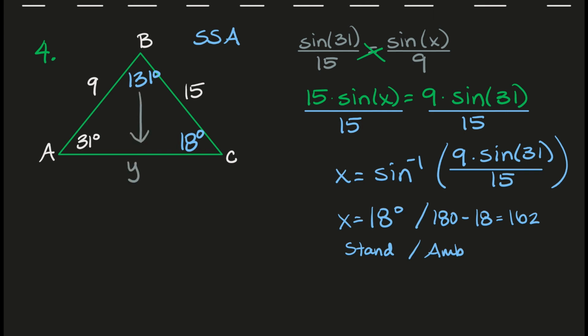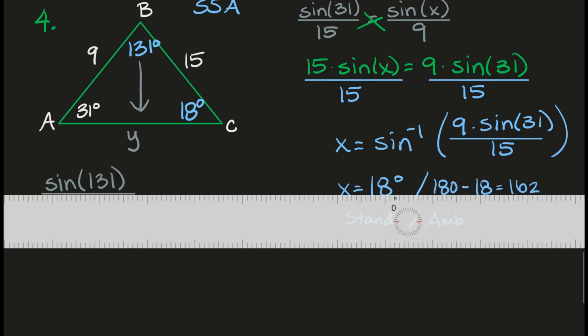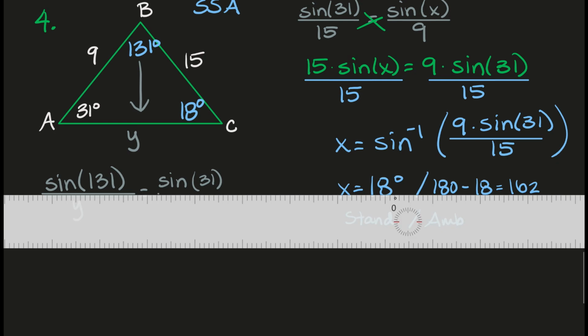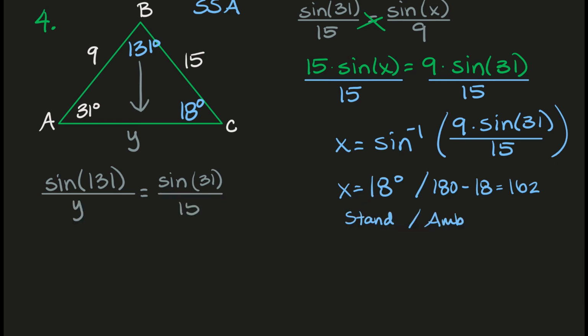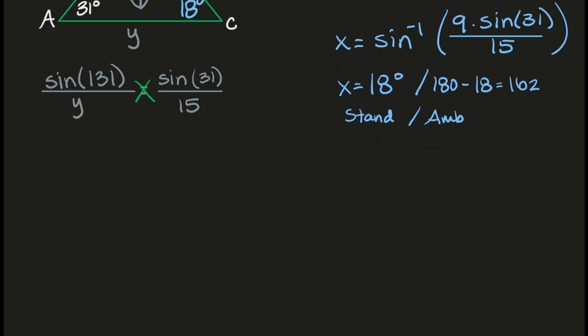Now I can use law of sines to find the missing leg y here. So leg length AC. So I can say sine of 131 over y. This is going to equal, I'm going to use the values they always give us, sine of 31 over 15. And now here I will cross multiply and solve for y. So I have y times sine of 31 equals 15 times sine of 131.